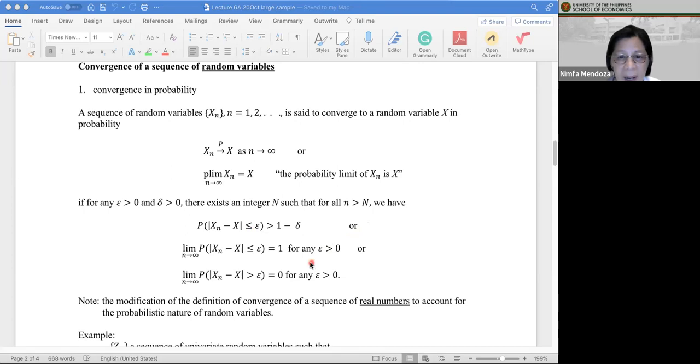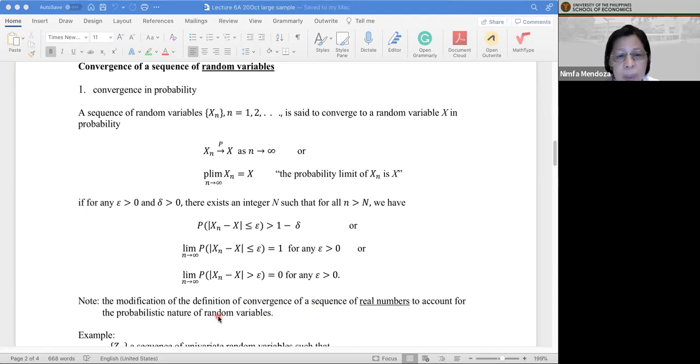Or equivalently, the limit of this probability is equal to 1 for any epsilon greater than 0. Or if you take the complement, then the limit of the probability is equal to 0 for any epsilon greater than 0.